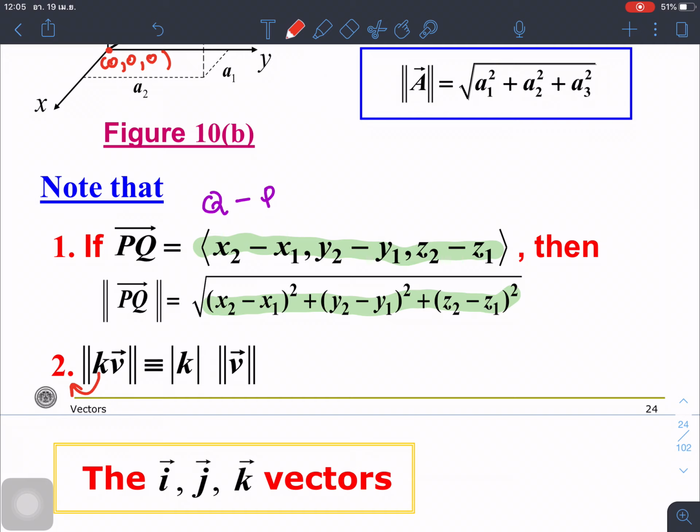The 0 happens in only one case, only if that vector is the zero vector. If it's not a zero vector, the length is always positive. So when you take out the k, you actually need to take out the absolute value of k, because if k is negative, you take it out, you get a positive back.